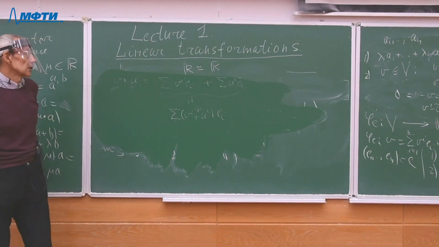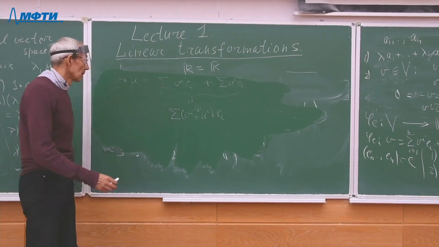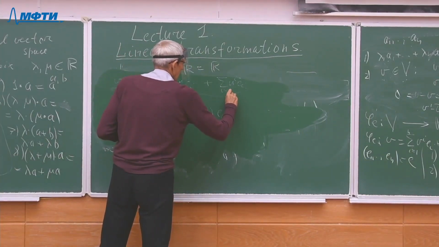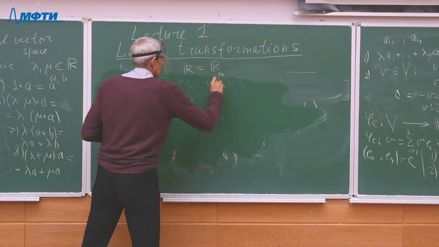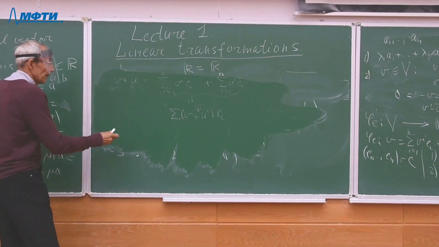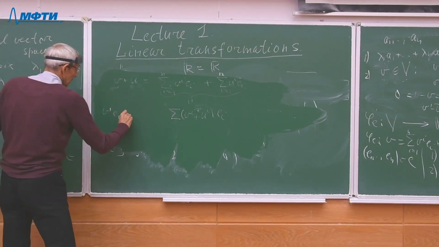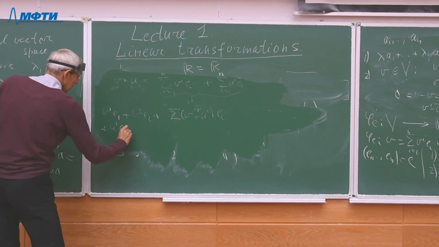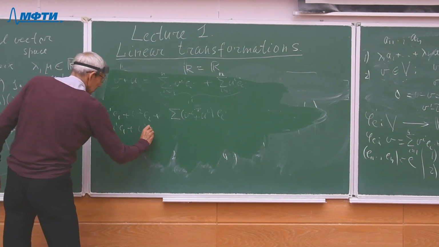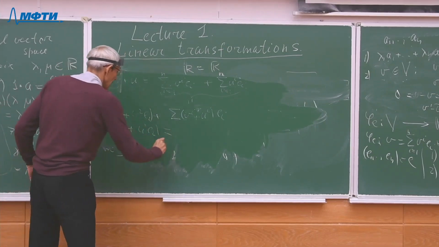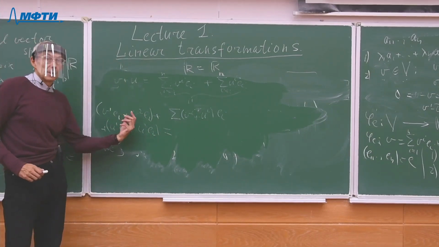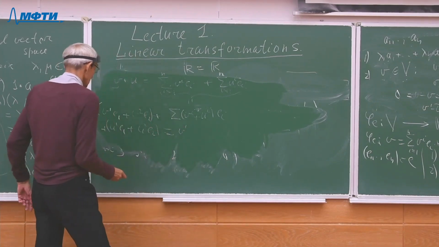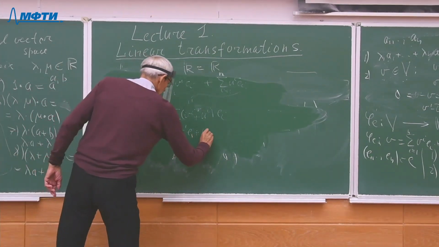Why is this equality fulfilled? For example, if we have n equal to 2, the first sum v1 e1 plus v2 e2, the second sum u1 e1 plus u2 e2, I can use commutativity and transpose these two vectors and rewrite this equality in the following form.